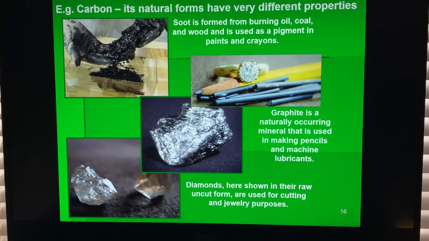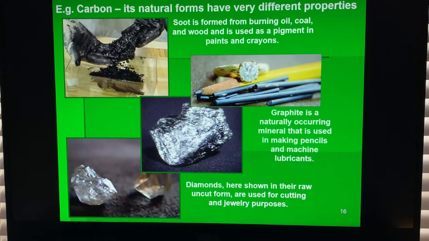Pencil lead is a mix of graphite and clay, and depending upon the percentage of graphite to clay, you get different darknesses, shades of pencil lead. That's why there's a number 2 pencil or number 3 pencil or number 1 pencil, or if you are into art, you know that there's a 0 and other levels of pencil lead that are used for art.